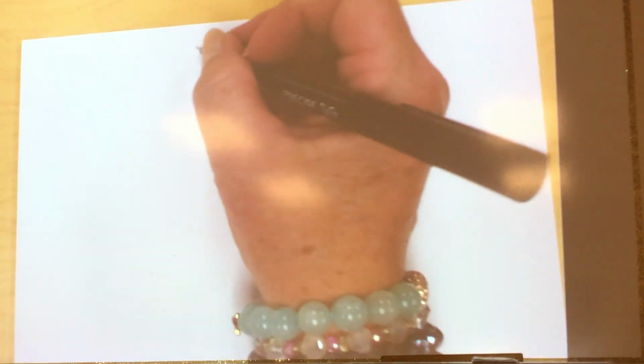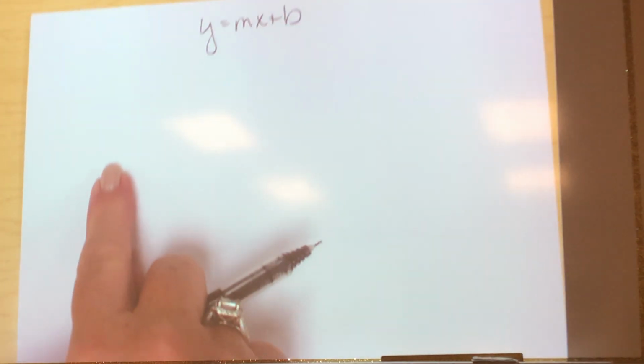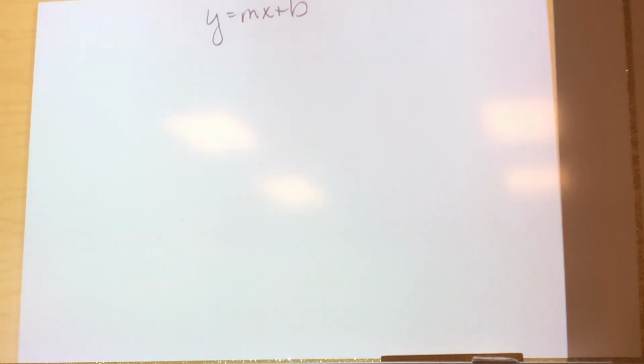Okay, so let's talk about some thought things. My equation is going to be in y equals mx plus b form, right? Tell me one possible way that those lines could be on a coordinate plane. Tell me one thing they could do.